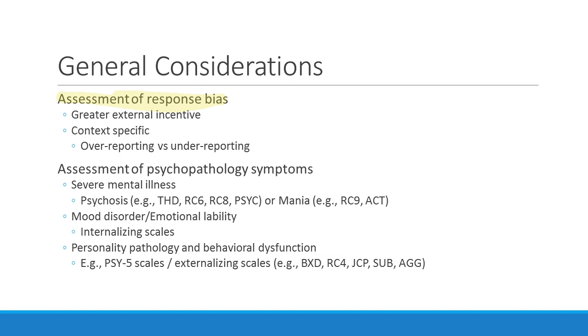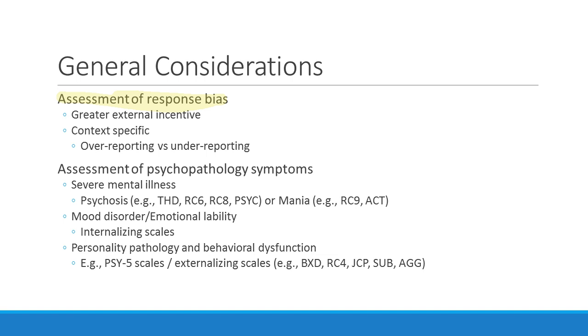But it's important to keep context in mind when doing these types of evaluations, because some types of evaluations will, of course, pull for over-reporting or even malingering, such as the example I just gave you. But other psycholegal questions might pull more for under-reporting.